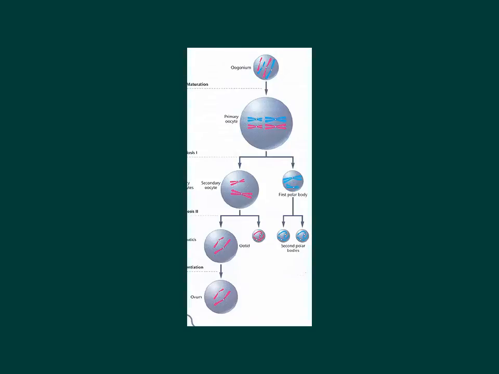In a female, this first portion, from our initial oogonium that is 2N to our primary oocyte that is 2N, happens when the female herself is a fetus. So this happens at about 20 weeks of gestation of a female's life. So she's born with all of the primary oocytes she'll ever need in her lifetime. So this is before birth.